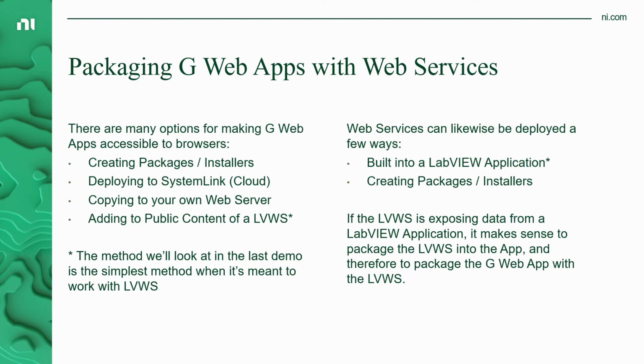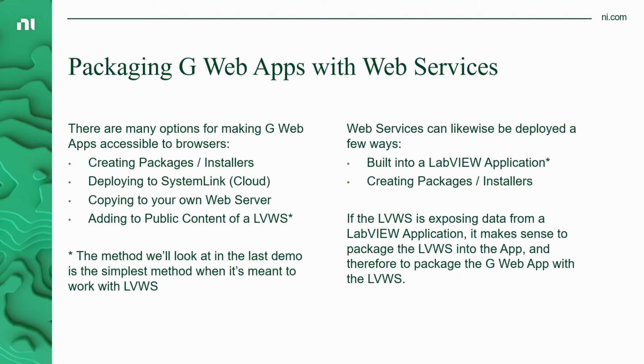There are several options for deploying G Web applications, such as creating packages or installers from the G Web software itself. G Web applications can be deployed to SystemLink and SystemLink Cloud. You can also deploy G Web applications to your own web server, and the solution we'll be looking at is to add a G Web application as the public content of a LabVIEW web service.